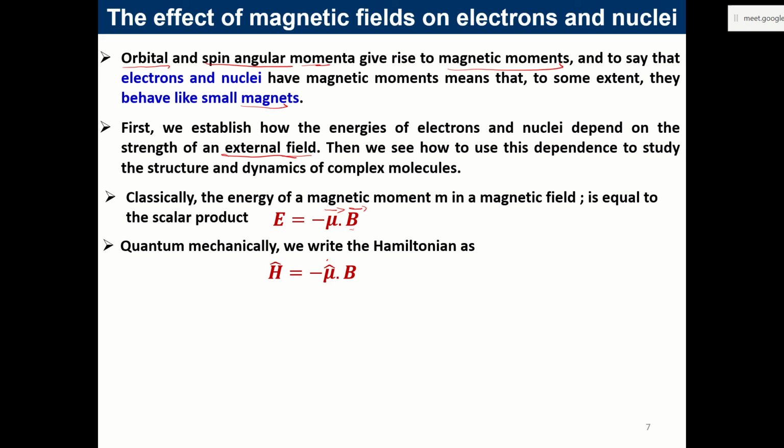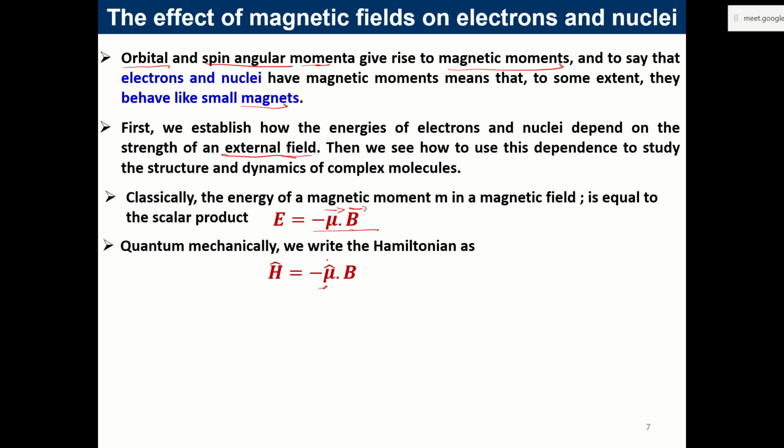Quantum mechanically, if you want to establish that, we have to define an operator, the Hamiltonian operator. Using that classical formulation, we can also define our energy operator to find the energy stored in the form of the magnetic field. The mu cap that you are seeing is the operator that we can define.